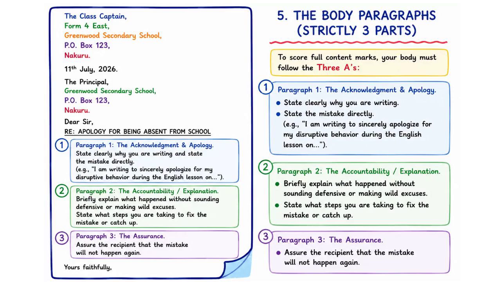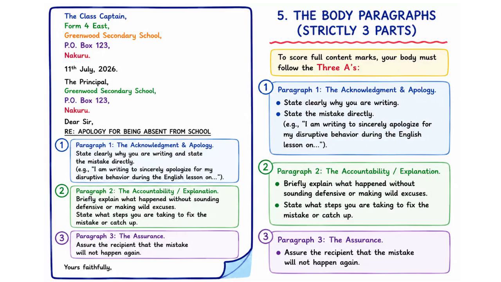Next is paragraph 2. Remember, you are skipping a line. Paragraph 2, accountability and explanation. Explain briefly what happened, avoid making excuses, accept responsibility, and also explain what you are doing to correct the mistake. After doing that, you skip a line and we go to paragraph 3, assurance.